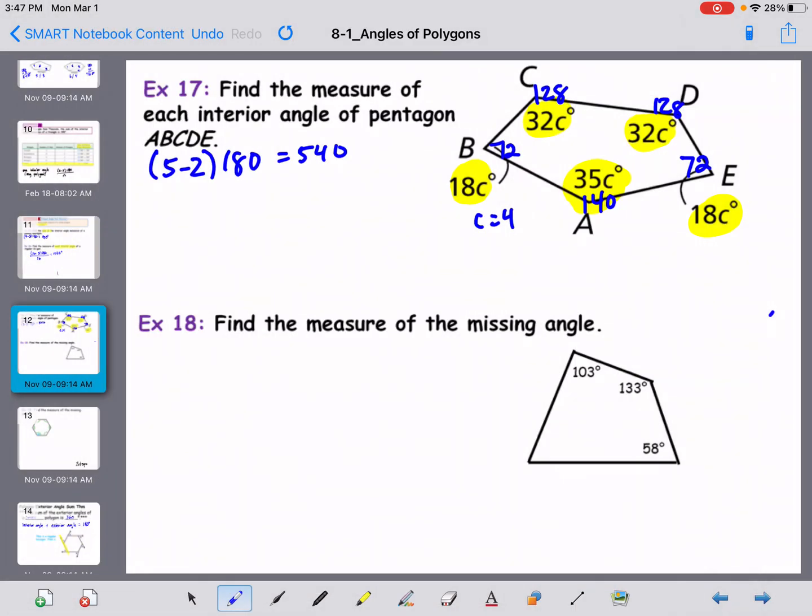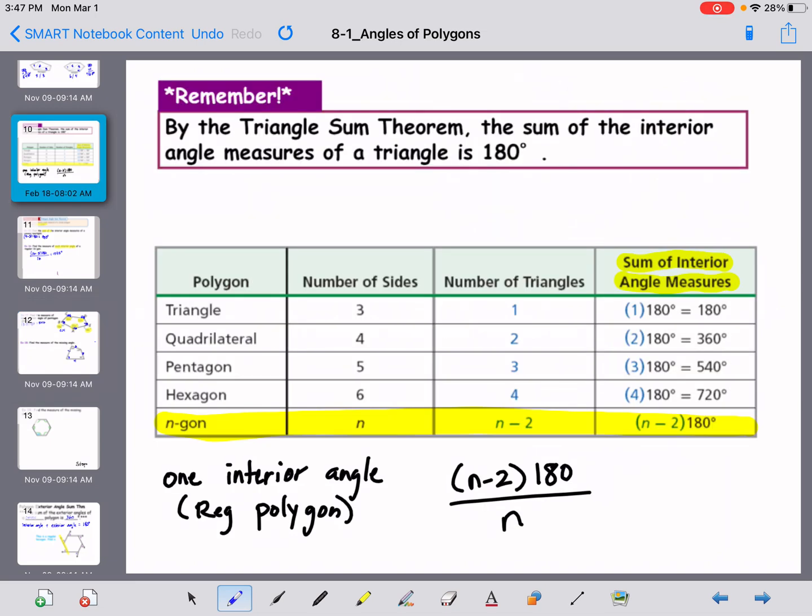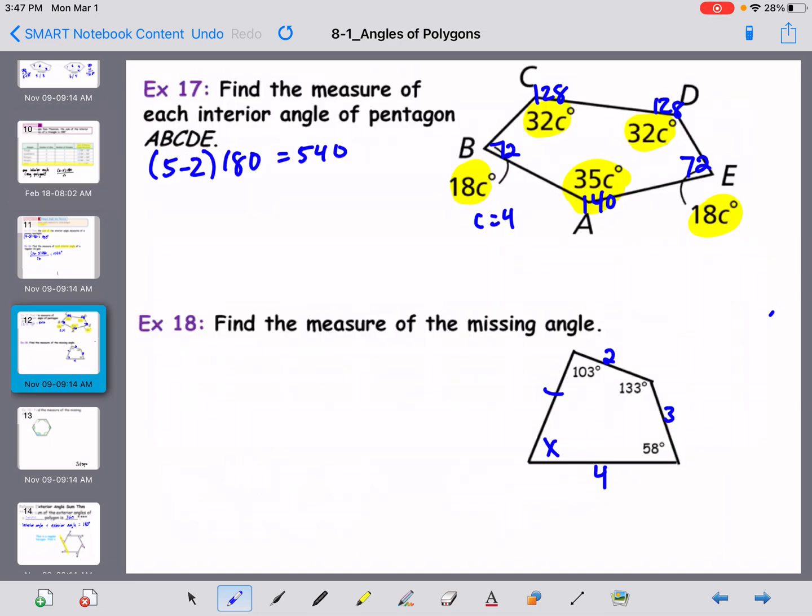All right, find the measure of the missing angle. This is number 18. Well, I'm going to put an x there, and I'm going to see how many sides I've got. 1, 2, 3, 4. So that's a quadrilateral. If I look back on my slide, a quadrilateral has 360 degrees. So when I add all of these numbers up, it would equal 360 degrees.